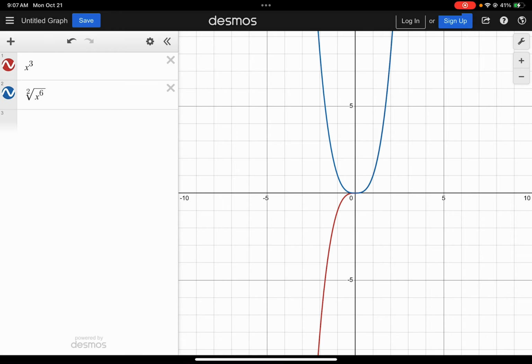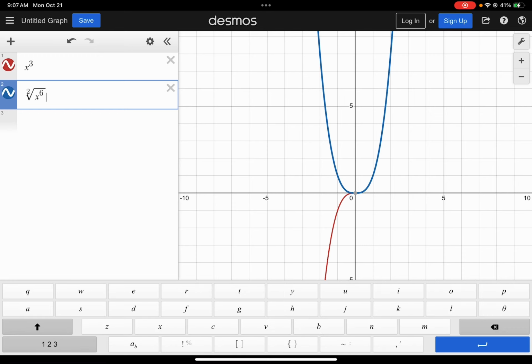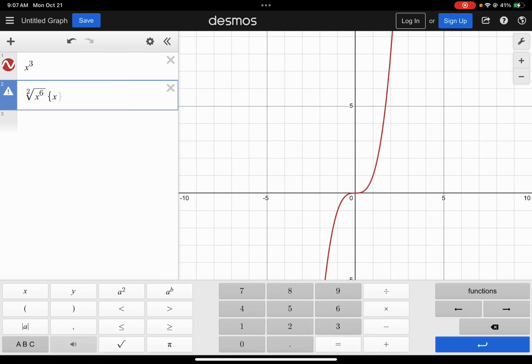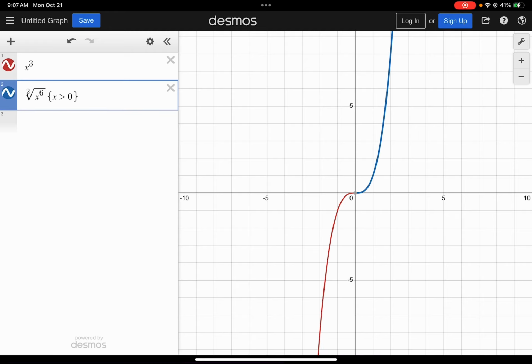Notice, as long as we're positive, so as long as we're talking about x greater than 0, then these things are exactly the same. So the square root of x to the 6th and x cubed undo each other nicely as long as you're talking about a positive thing. Okay?